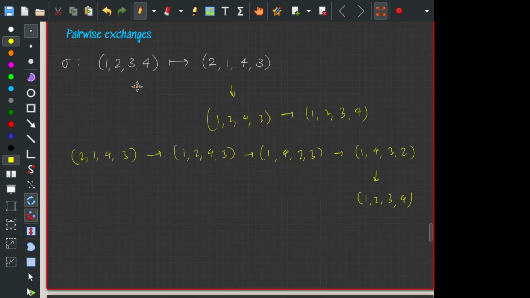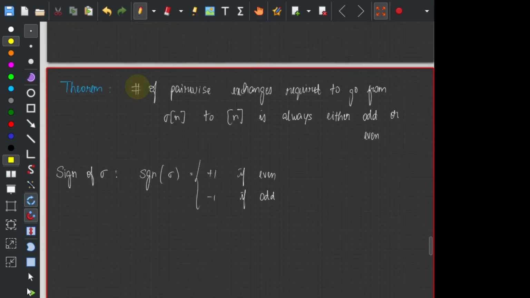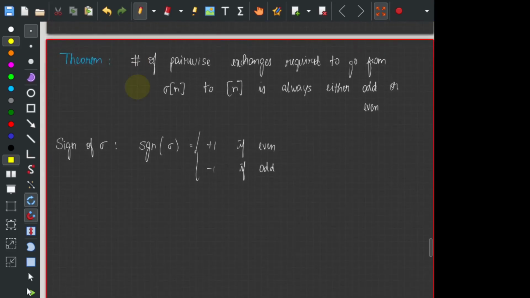I will call the sign of a given permutation +1 if the number of pairwise exchanges is always even, and -1 if it is always odd.